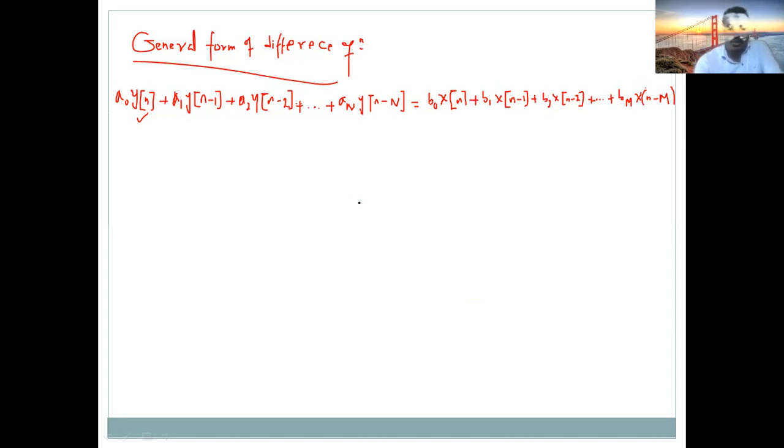Okay, so look here. This is the general form of the difference equation. So this A0 on the output side, the coefficients A1 up to what? Up to AN on the output side. On the input side, we use B0, B1. These are also coefficients.